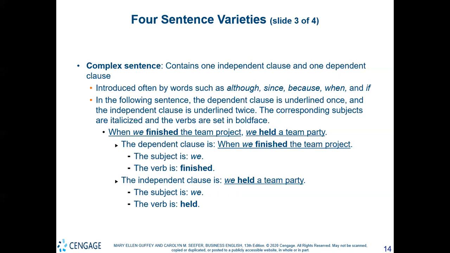When we finished the team project, we held a team party. The dependent clause is when we finished the team project. The subject is we, the verb is finished. The independent clause is we held a team party. The subject is we, the verb is held.